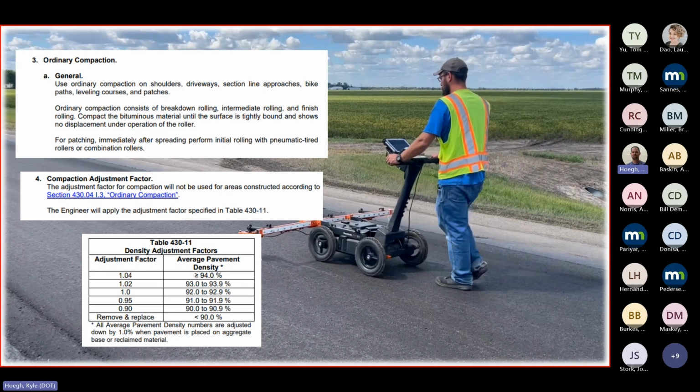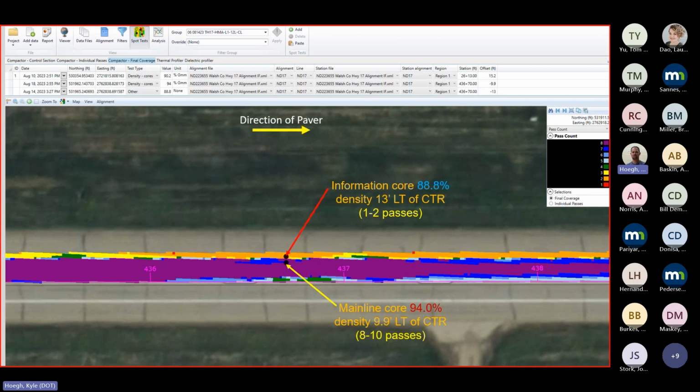On this particular project, North Dakota 17, it became very obvious that when you don't put a lot of emphasis on something, it shows up in the quality of your product. You can see here that the purple is more passes, out on the shoulders, where it's orange, it's fewer passes.